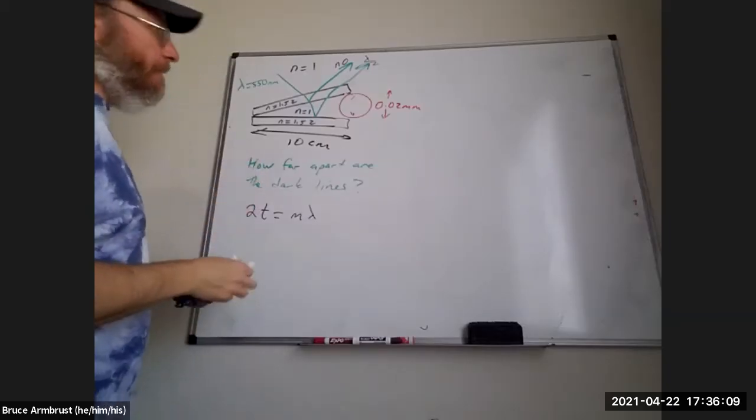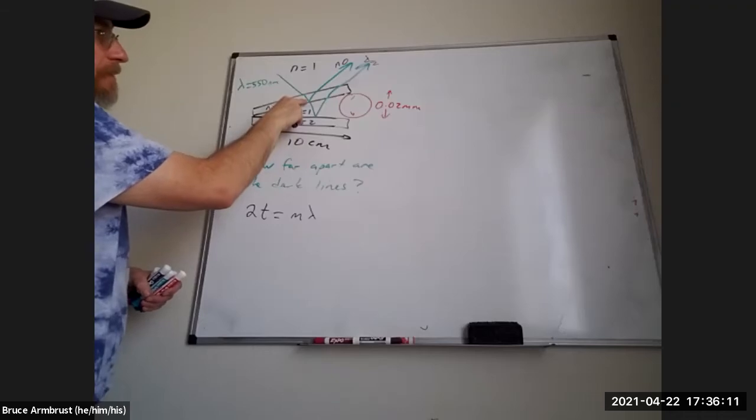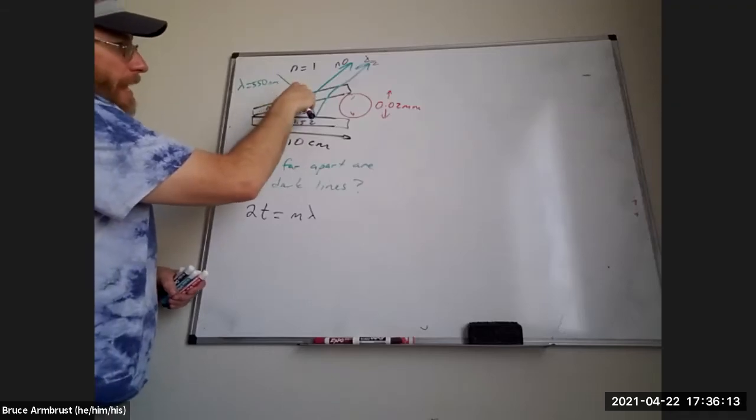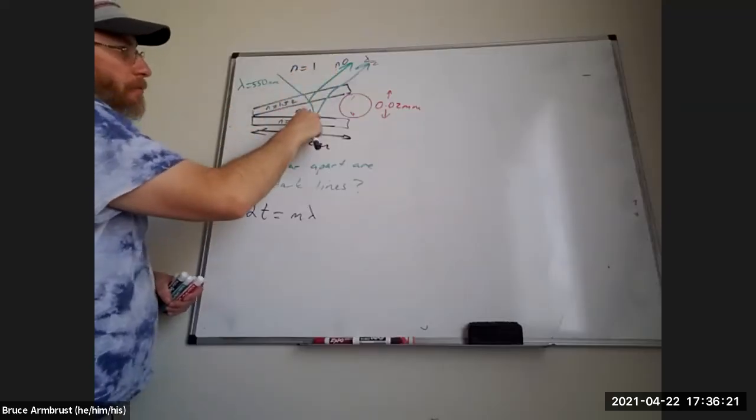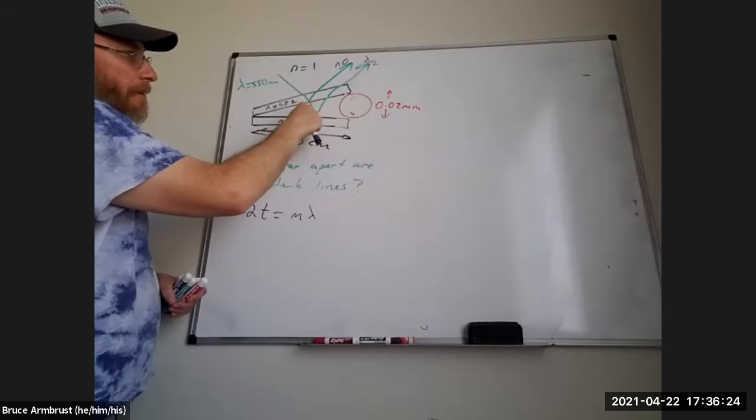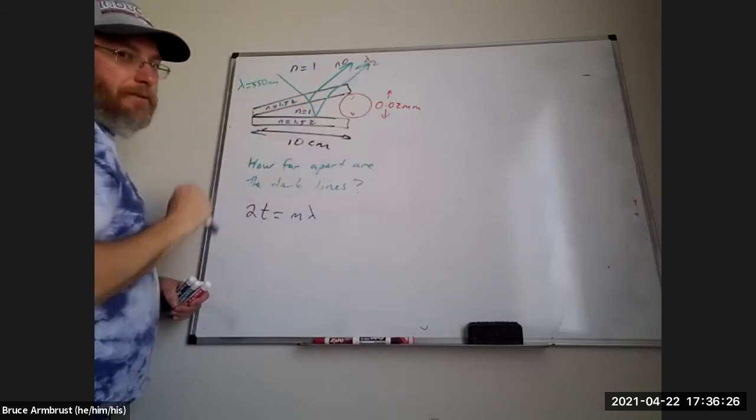For the second ray, aren't we going from glass to air? So the first ray, this one right here, we're in glass and we're reflecting on a surface going into air, right? Glass to air. So that's why there's none. This one, we're in air going to glass.